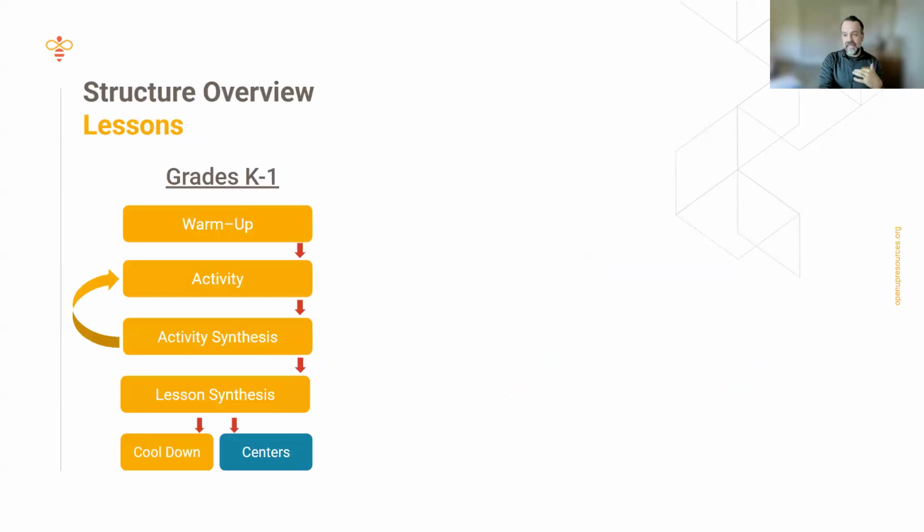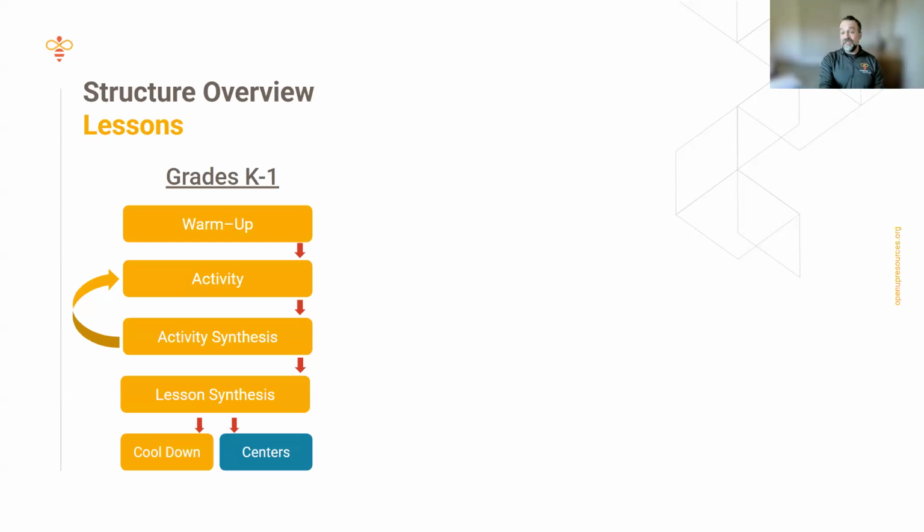So at the lesson level in grades K through 1, you're always going to start off with a warm-up. And students are going to be diving into math, doing mathematical tasks within the first few minutes of every single lesson. Once that warm-up is done and you've helped make those connections, they're going to dive into their first activity.